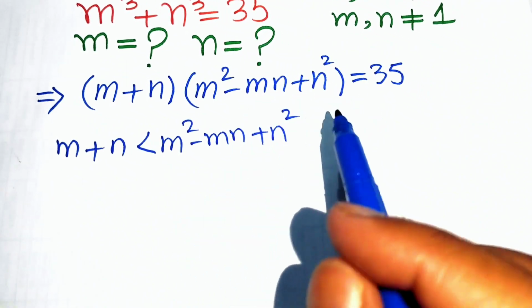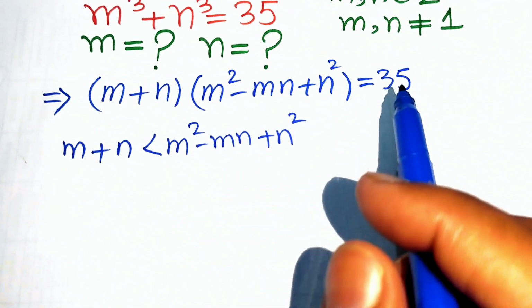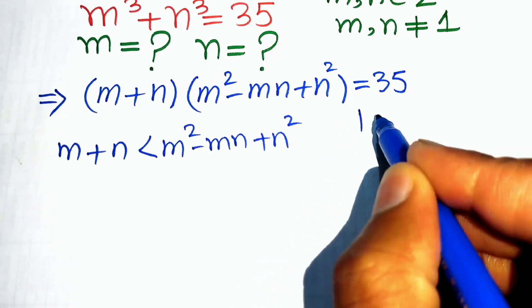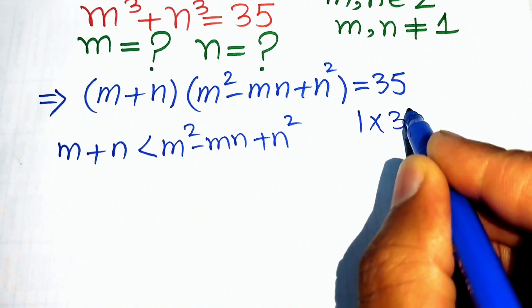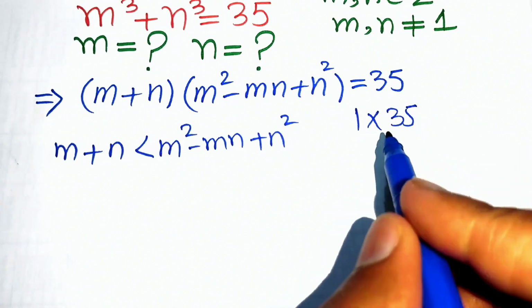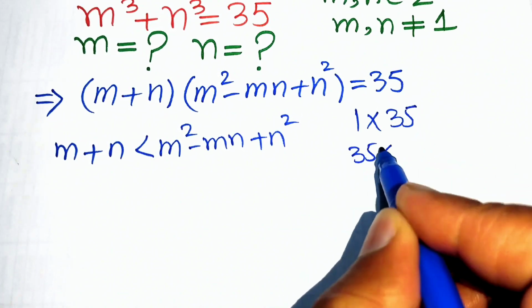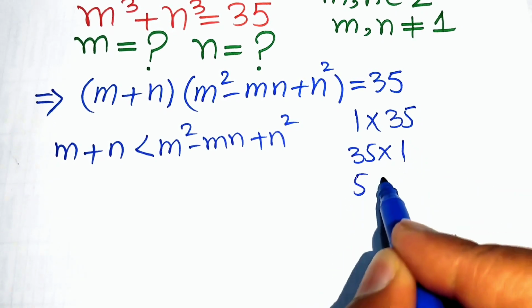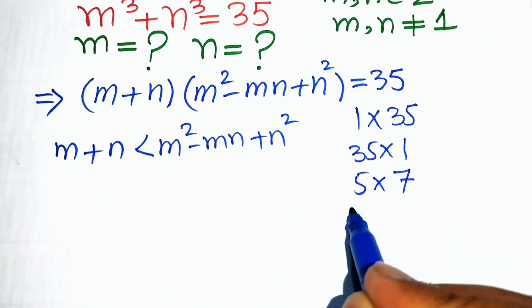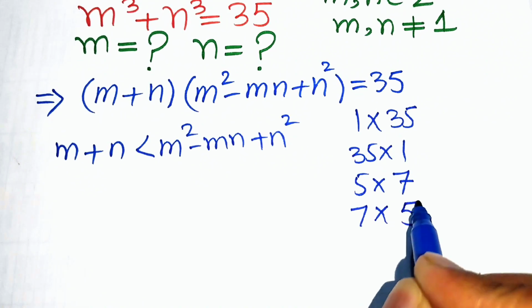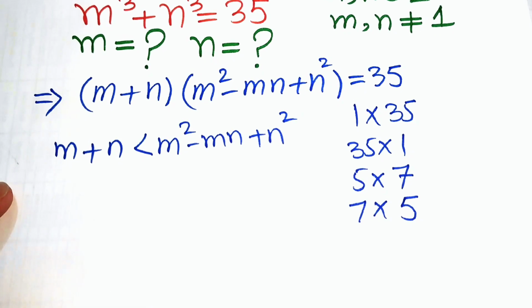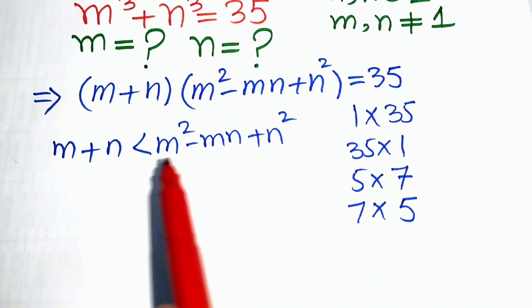First we find the possibilities in which we get 35. The factors of 35 are 1 times 35, which is 35, and 35 times 1, which is also 35, and 5 times 7 is 35, and 7 times 5 is also 35. Now we choose the factors which satisfy this condition.